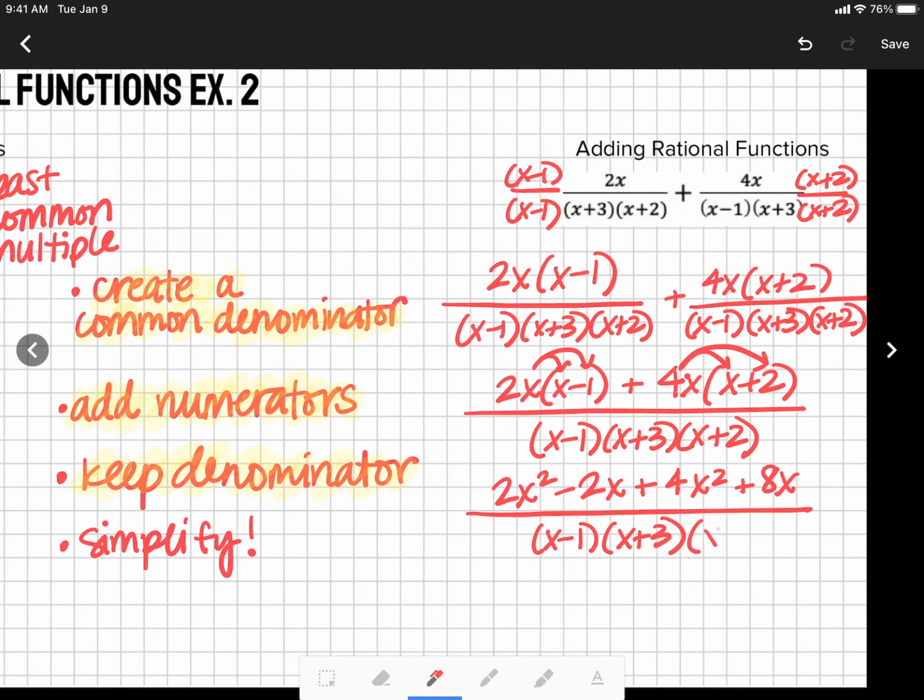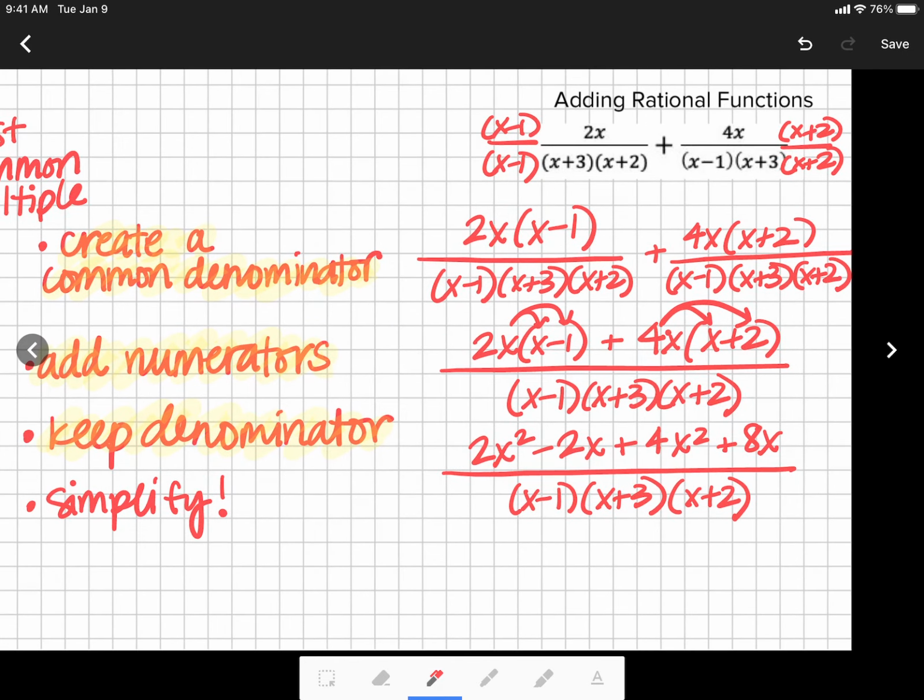And then our goal is to have standard form in the numerator. So let's combine like terms. I see a 4x squared and a 2x squared. So let's make that 6x squared. And I see negative 2x and a positive 8x. So that would be a positive 6x.